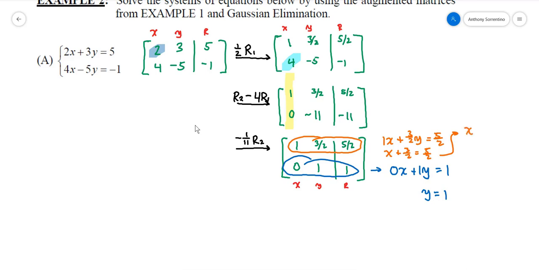Subtracting 3 halves from both sides, I get x equals 2 halves, which also equals 1. So I could say for this that the solution is 1, 1.